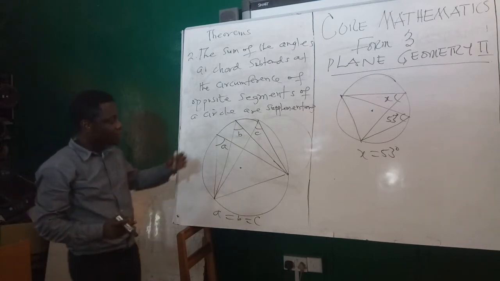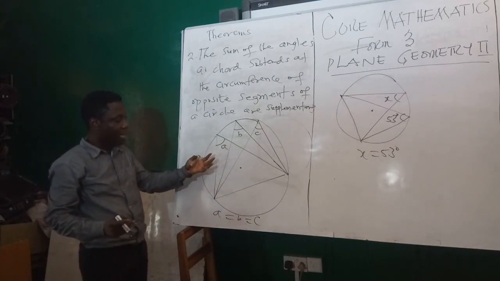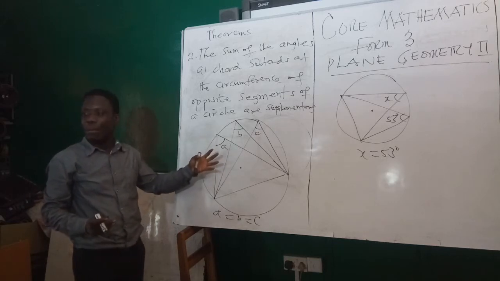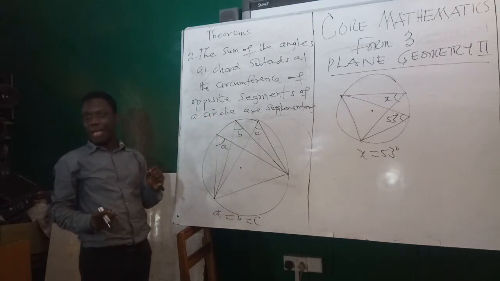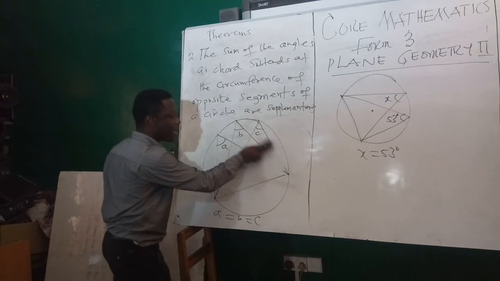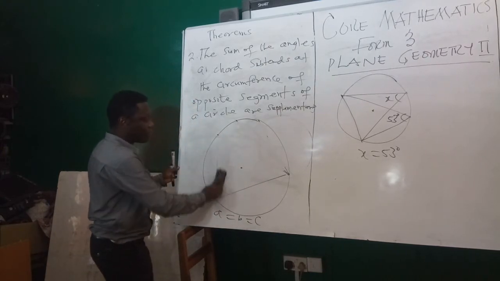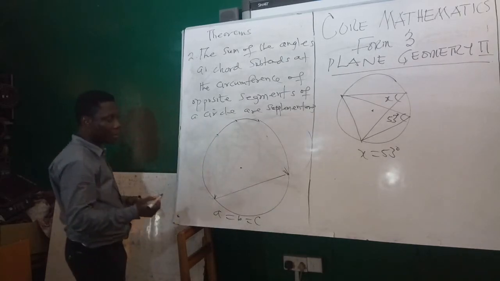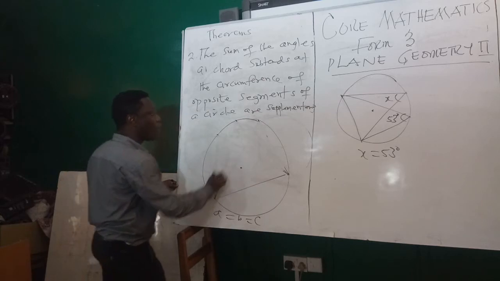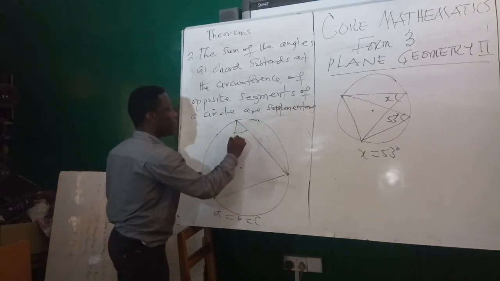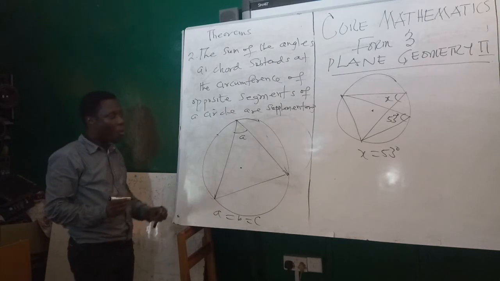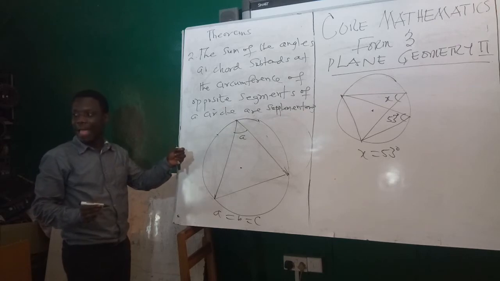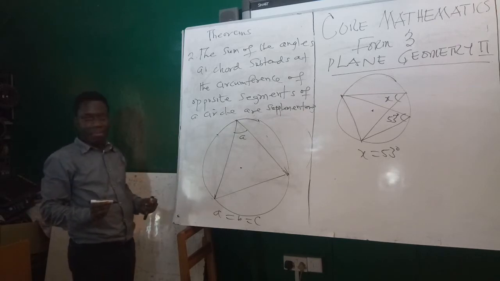Now, you notice that in the first one, one of the conditions we emphasized was that all the angles we were talking about were formed in the same segment. But this time, if I have a circle with a center, and a chord forming an angle here, let me call it A, and the same chord forms another angle at the circumference, this time the angles are not formed in the same segment.